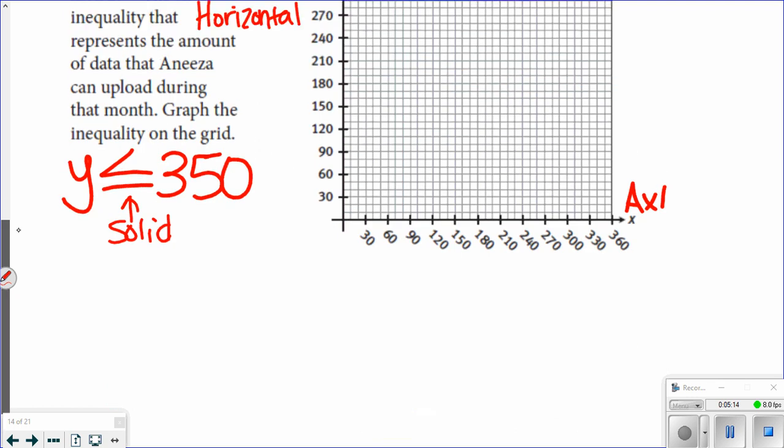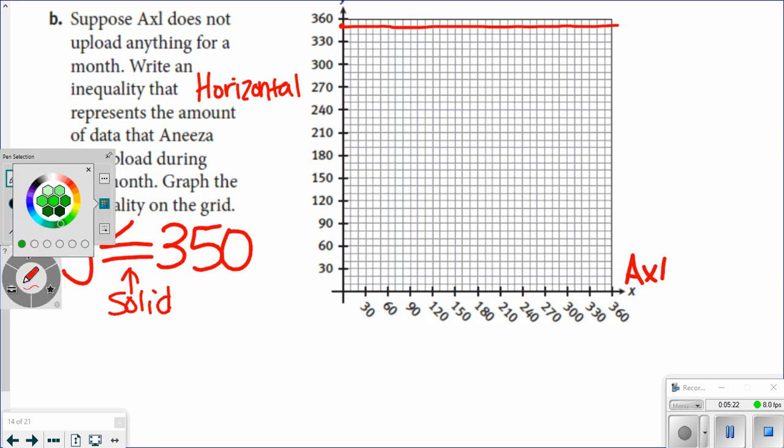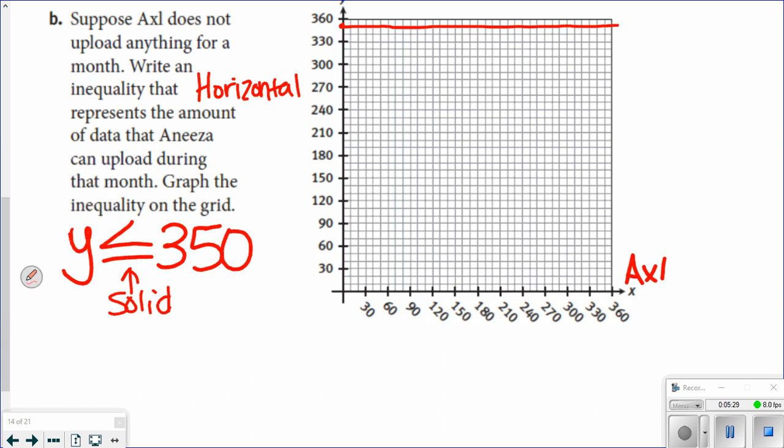And let's think about graphing this. I want all y values less than or equal to 350. Anisa can upload anything less than or equal to 350. So, is 90 less than 350? Is 230? Is 0? Yes.